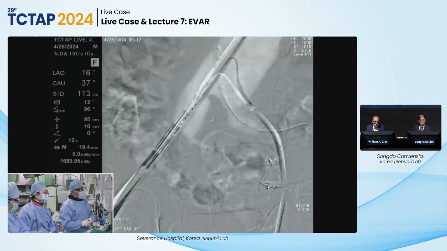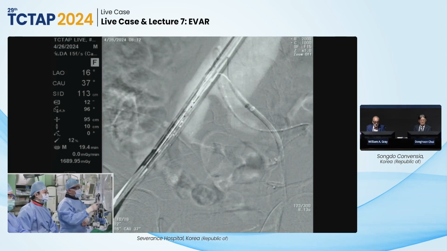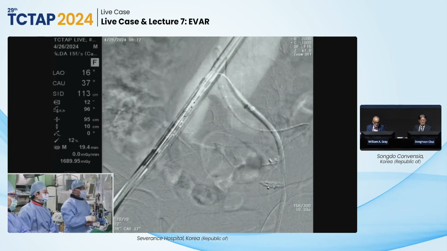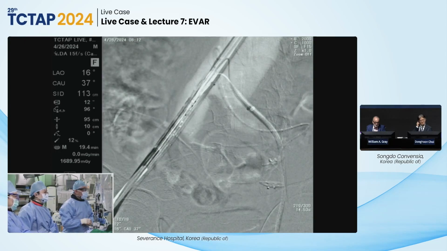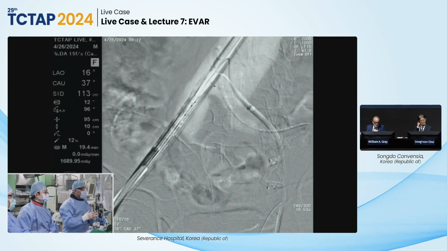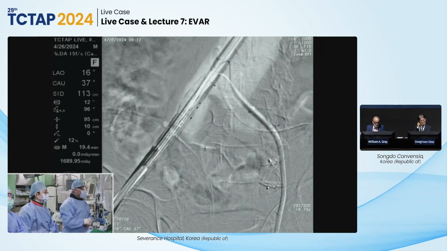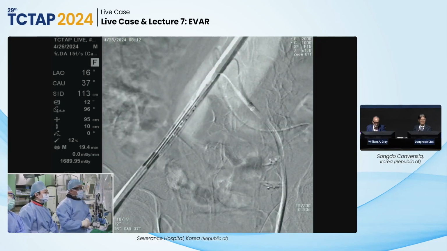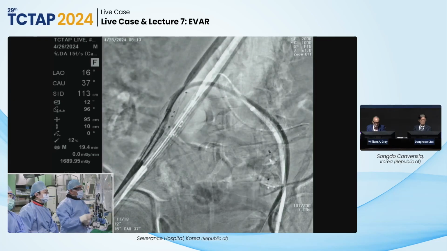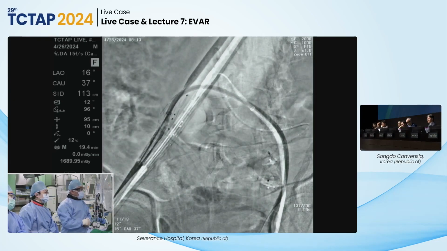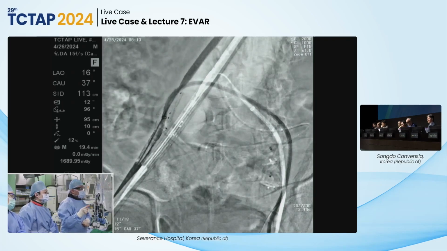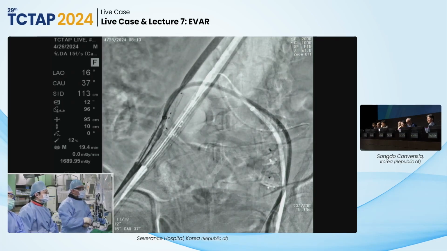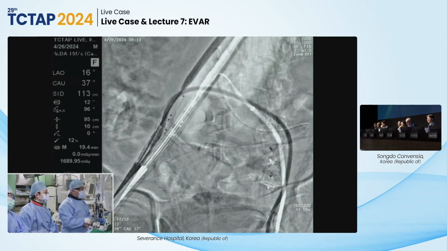Next. And we first deploy the proximal part of the IBD. It's a little bit difficult to recognize the opening of the proximal segment of the IBD, but it's now opened. Next. With this pull-through technique, we try to insert the Ansel sheath into the side branch of the IBD.